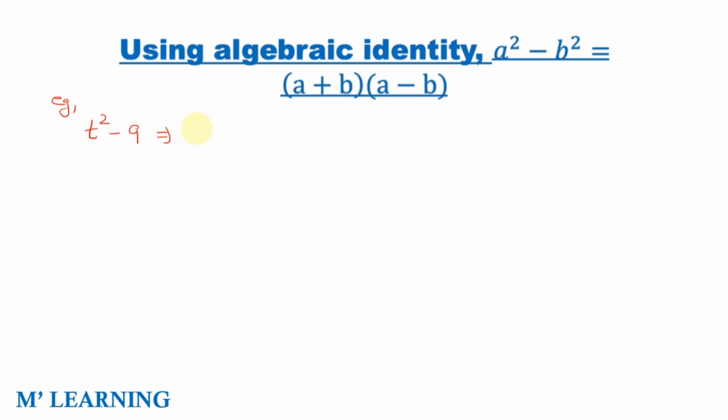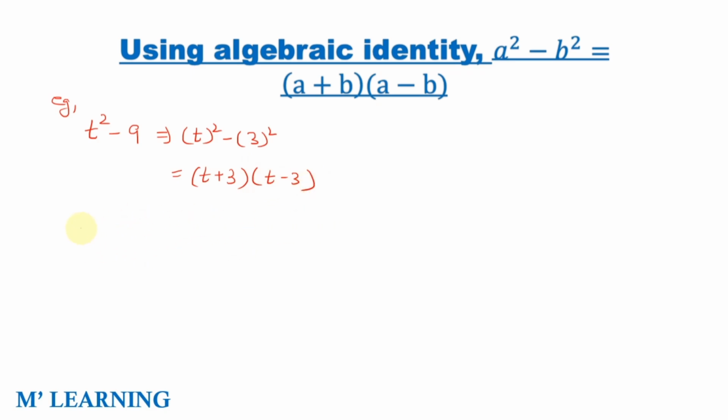So t square can be written as t whole square and 9 can be written as 3 square. So this becomes a square minus b square, and we know that a square minus b square is equal to a plus b, a minus b. So factors will be a plus b, that is t plus 3, and a minus b, that is t minus 3. So this is factorized.